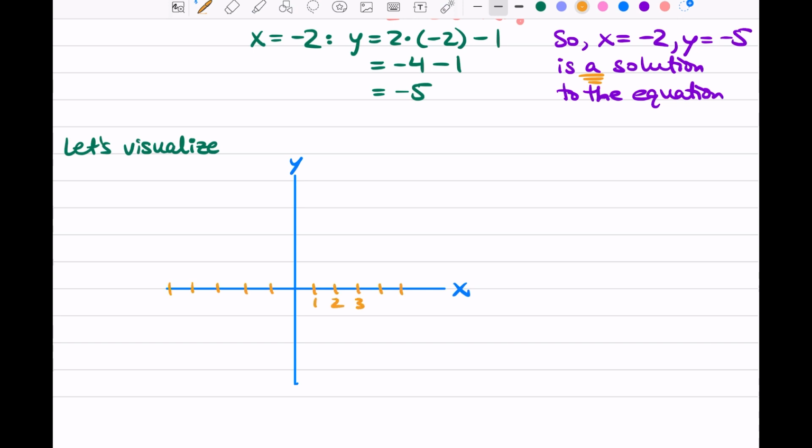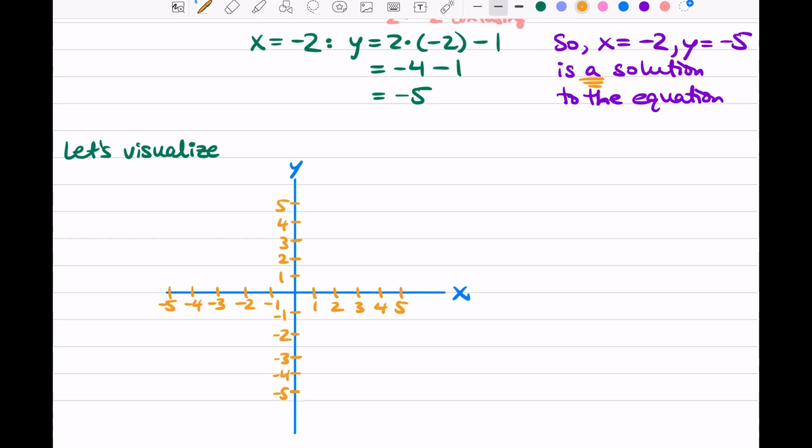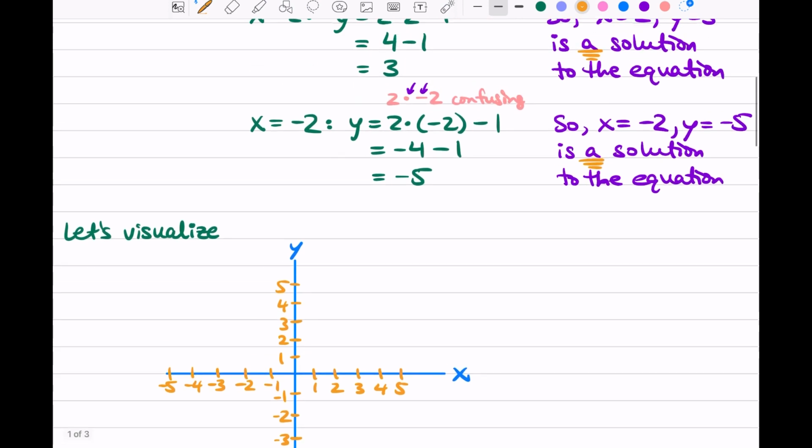So positive x values go this way, negative x values go this way, and positive y values go this way, and negative y values go this way. And we're going to use it to try to visualize our different solutions here.